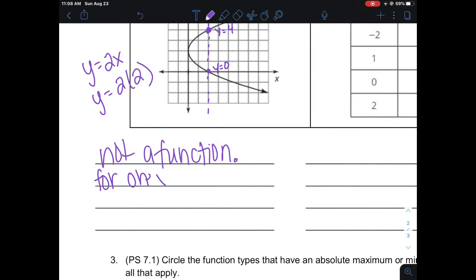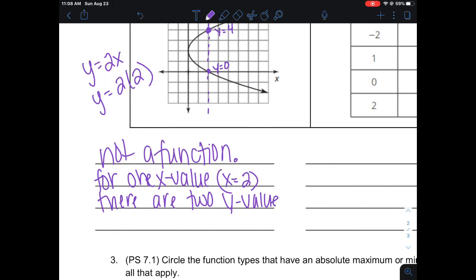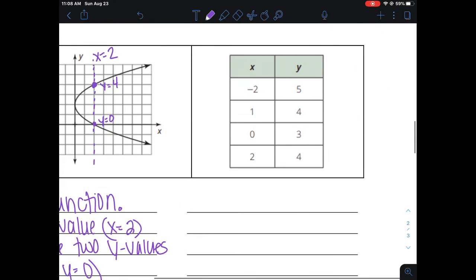So for one x value, x equals 2, let's say, there are 2 y values. And specifically, it was y equals 4 and y equals 0. So not a function.